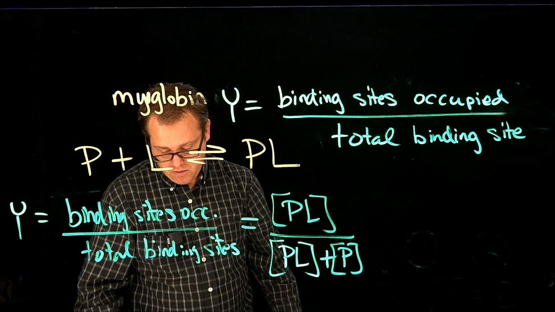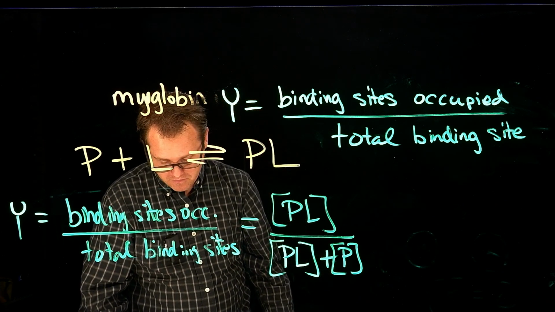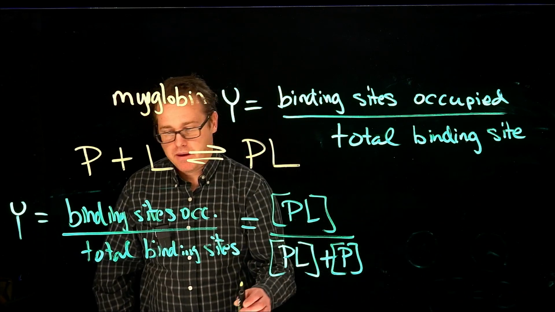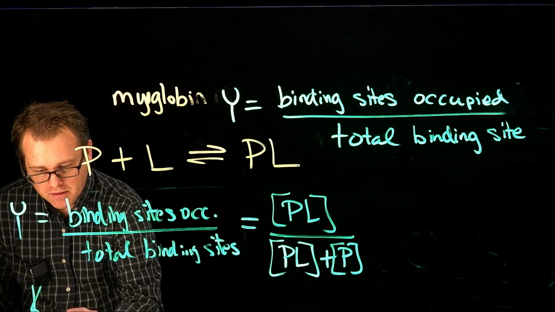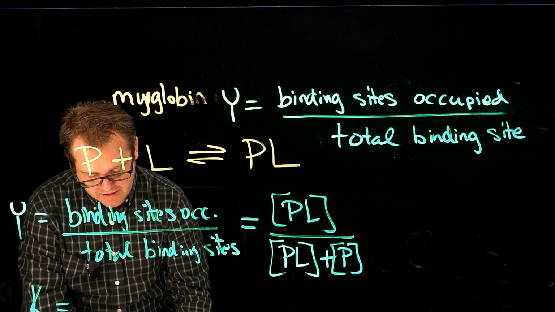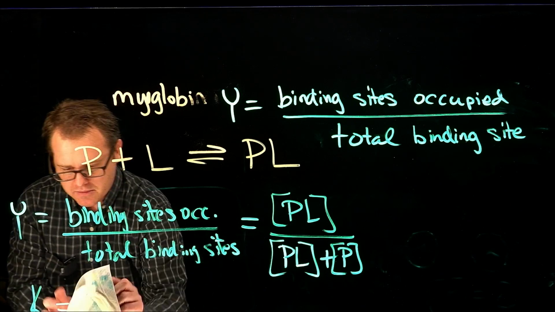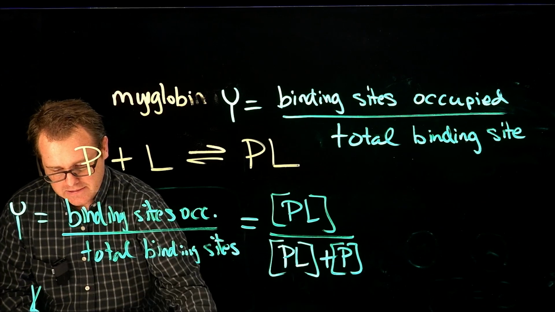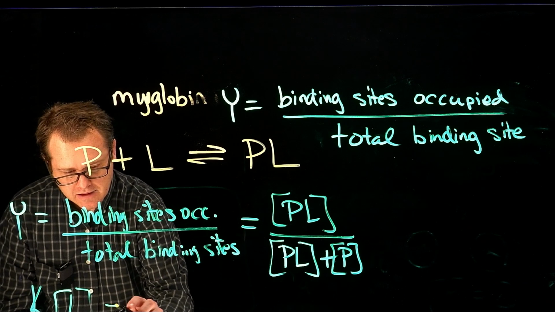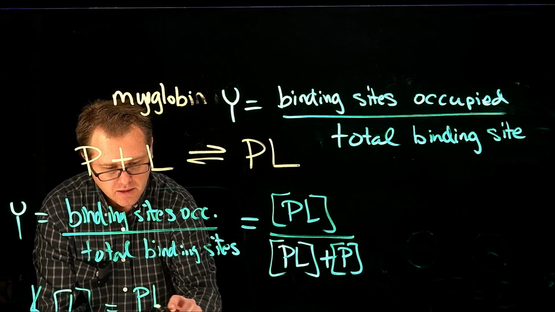Now, what we can do here is take the equation that we've seen already, the association constant, and we got it to this point. We said Ka times L is going to equal that ratio.